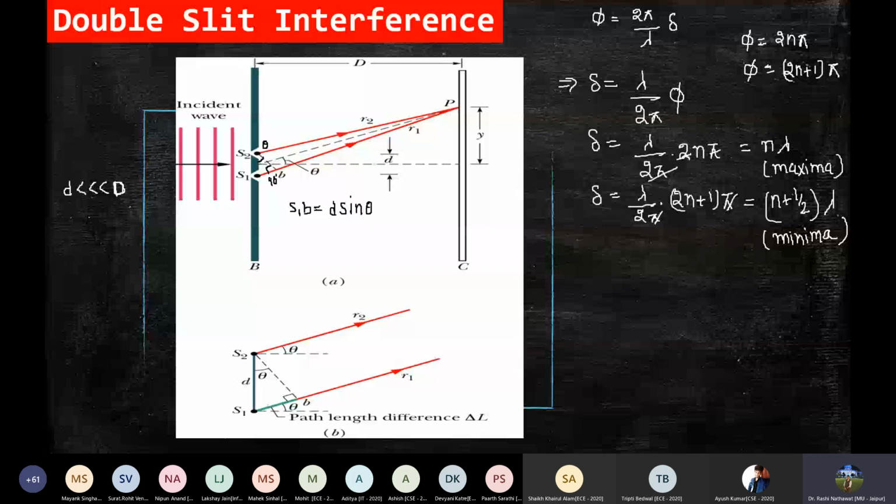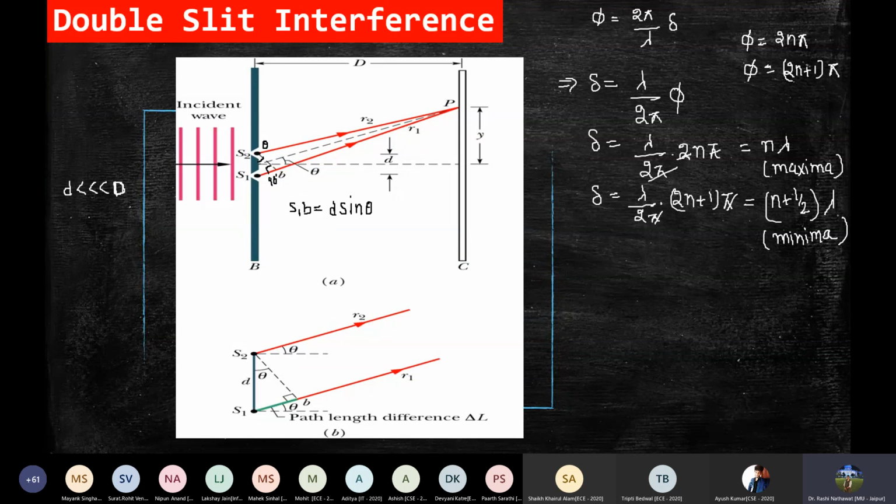Now let's go to this geometry, trigonometry. What is inside this triangle and how to find this path difference. Then we know this small d is very less than capital D, which means this distance is very large.